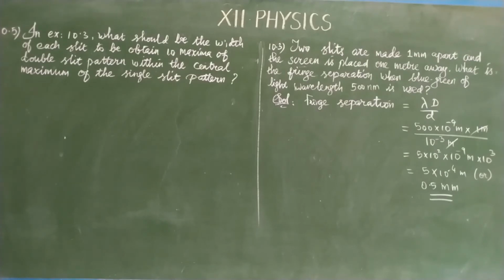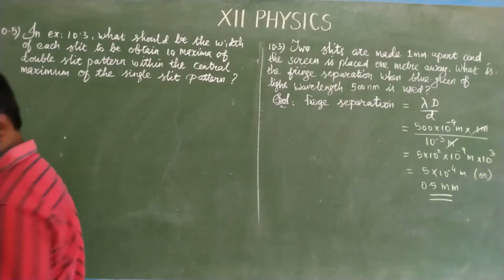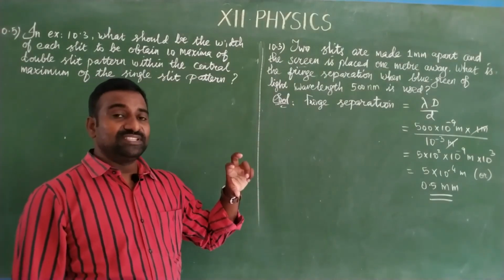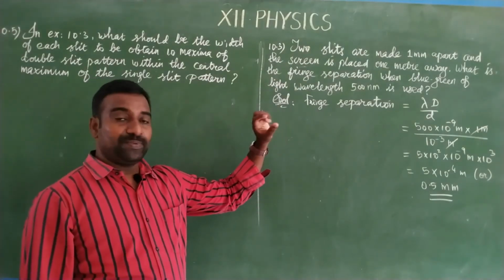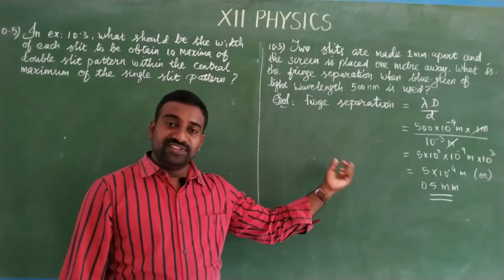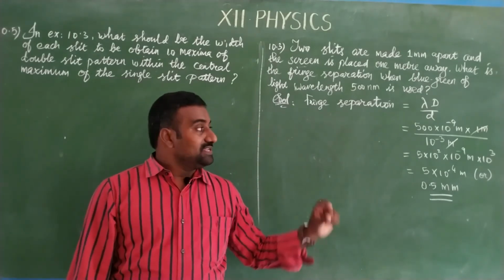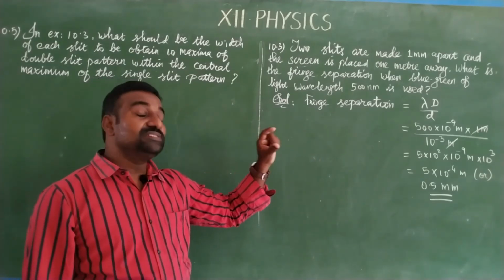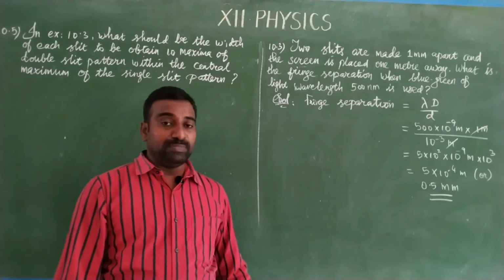This is the continuation to the next question, the third question. In Young's double slit experiment, two slits are separated by 1 millimeter, and the screen is 1 meter away. We have calculated the fringe width, and we know the distance between the two slits is 1 millimeter.